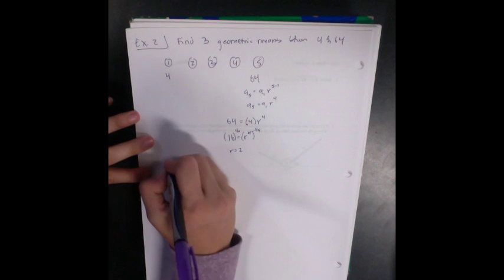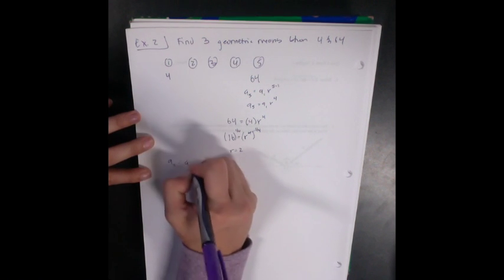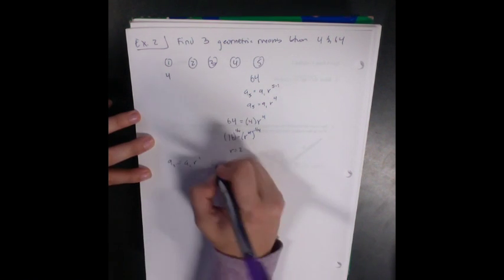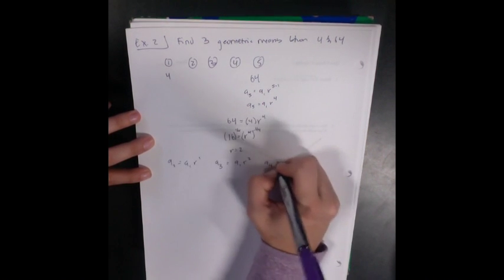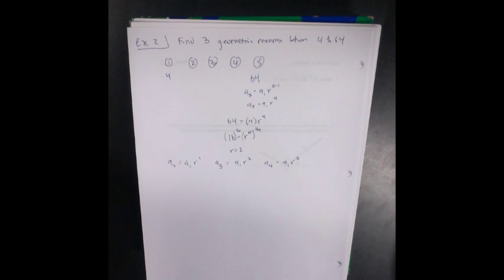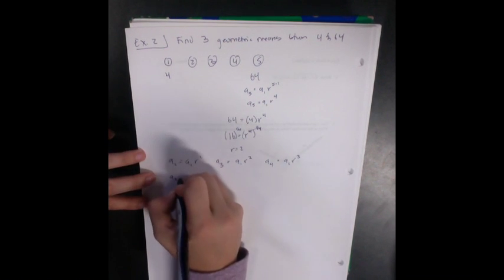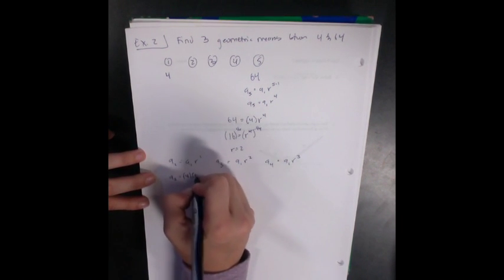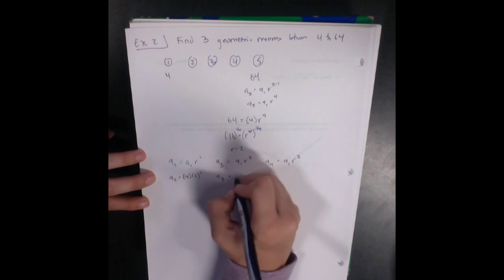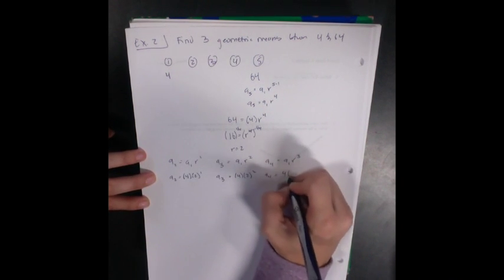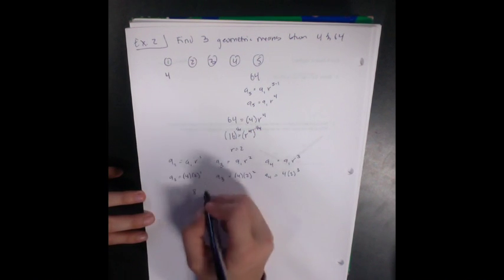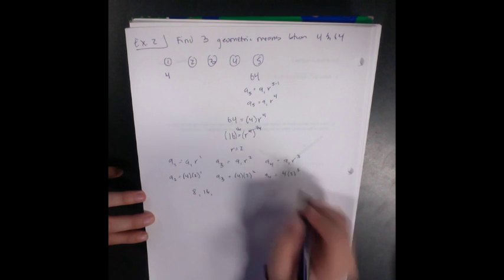Then a sub 2 is a sub 1 r to the 1, a sub 3 is a sub 1 r to the 2, and a sub 4 is a sub 1 r to the 3. So a sub 2 is 4 times 2 to the 1, a sub 3 is 4 times 2 squared, a sub 4 is 4 times 2 cubed. So 4 times 2 gives me 8, 4 times 4 gives me 16, and 4 times 8 gives me 32.